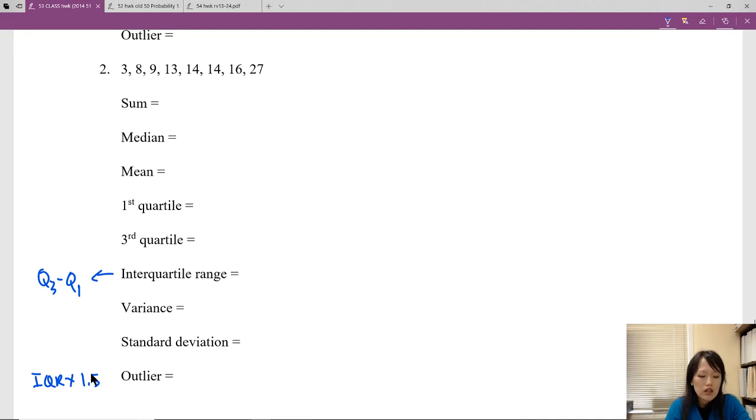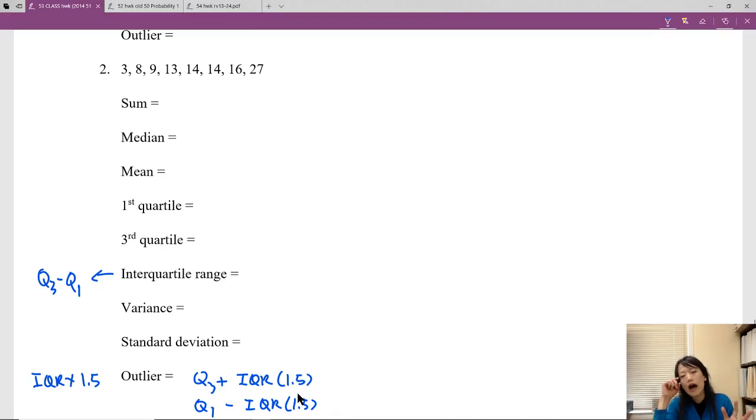So this would be Q3 plus IQR times 1.5. And the other possibility is what? Q1 minus the interquartile range times 1.5. So if anything is outside of that, it is considered an outlier, right?